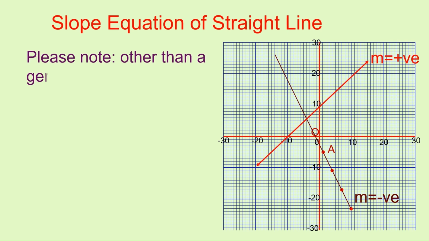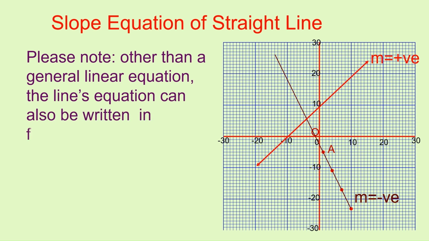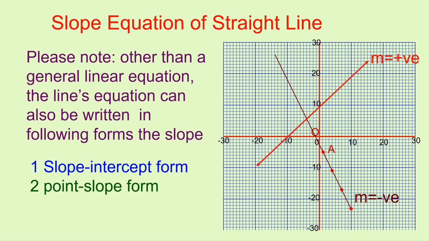Slope equation of a straight line. Please note, other than the general linear equation, the line's equation can also be written in the following forms. Number 1, slope-intercept form. Number 2, point-slope form.